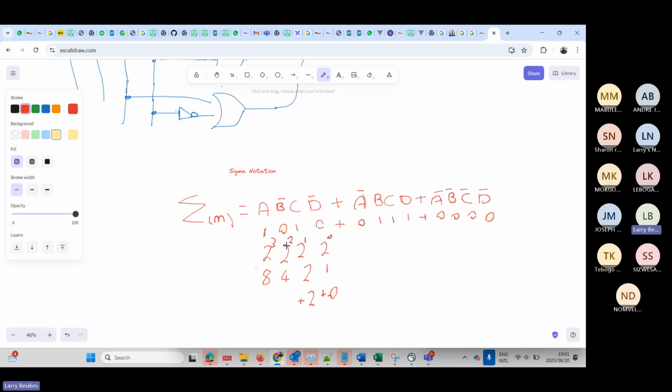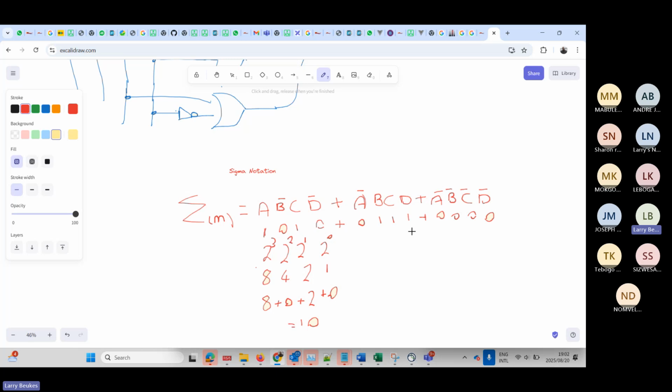This bit here is a 0. So 0 by 4 is 0. So this one is not present. The light is off here. Then here, the 8 is present, right? So 8 plus 2 is equals to 10, right? So this is equals to 10.